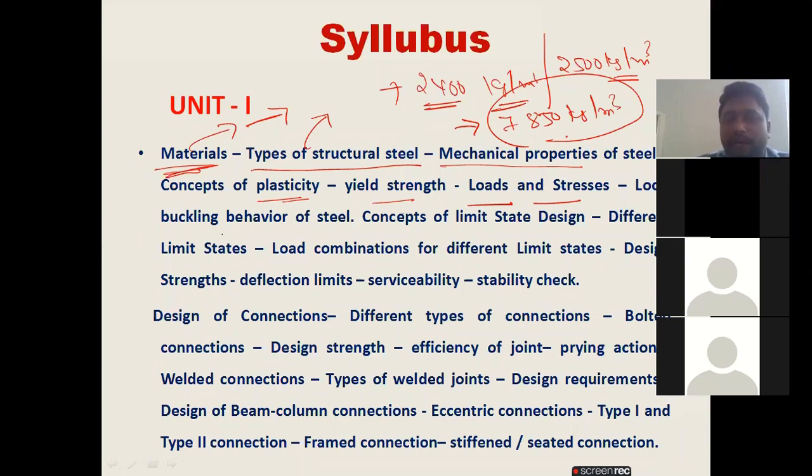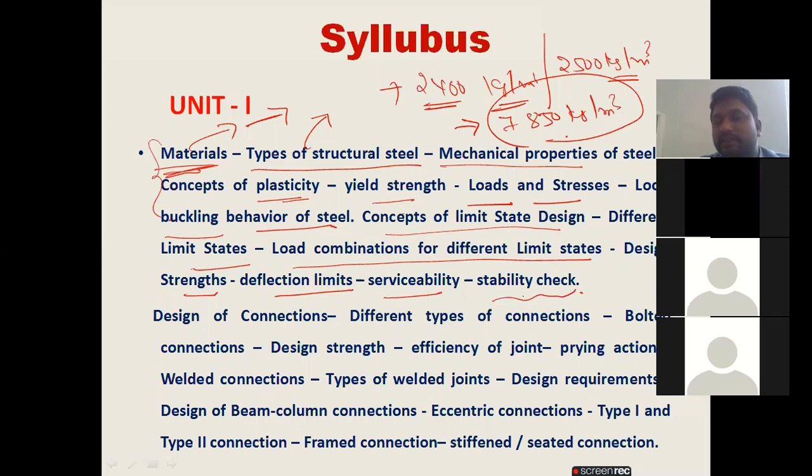Next, local buckling behavior of steel. This is the theory. Next, the concept of limit state design, different limit states, load combinations for different limit states, design strength, deflection limits, serviceability, and stability check.